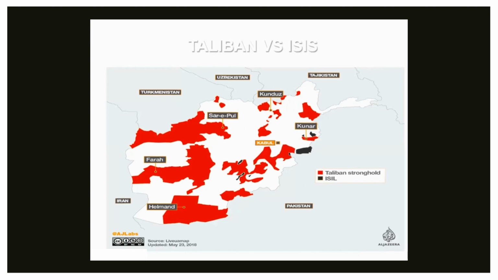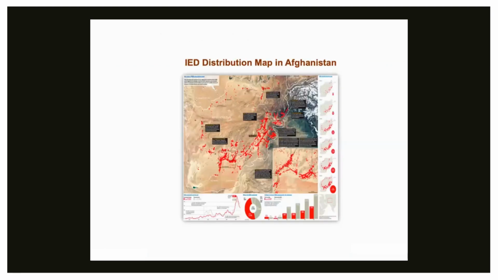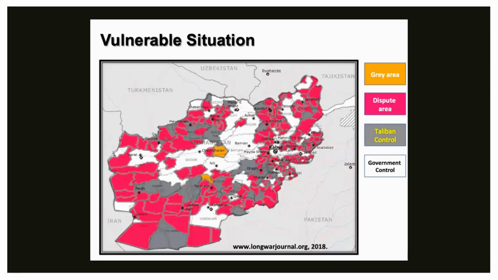It is the ISIS area. The government cannot control the area of Afghanistan because half of Afghanistan is controlled by the Taliban. This is the map of Afghanistan from 2011 until 2018.